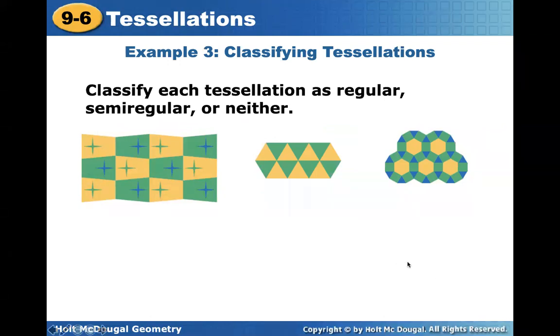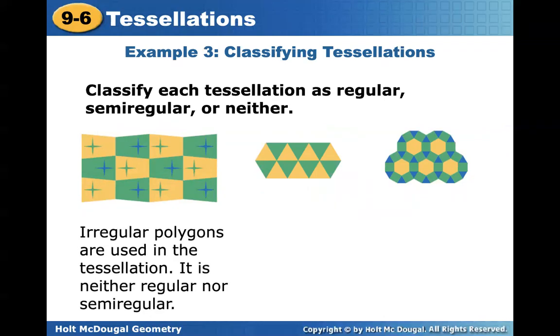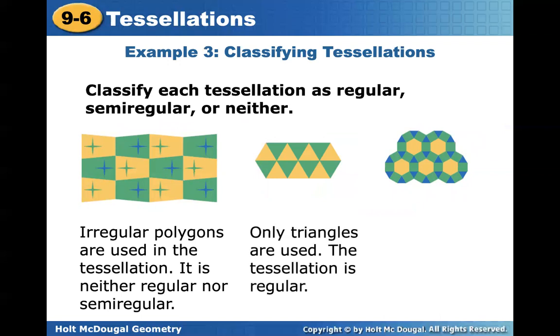Classifying tessellations. So again, we're going to classify these as regular, semi-regular, or neither. In the first one there, we don't have regular polygons, so that one is neither. In the second one, it looks like those are equilateral triangles, so I'm going to say that is regular, since it's only triangles. They're all the same.